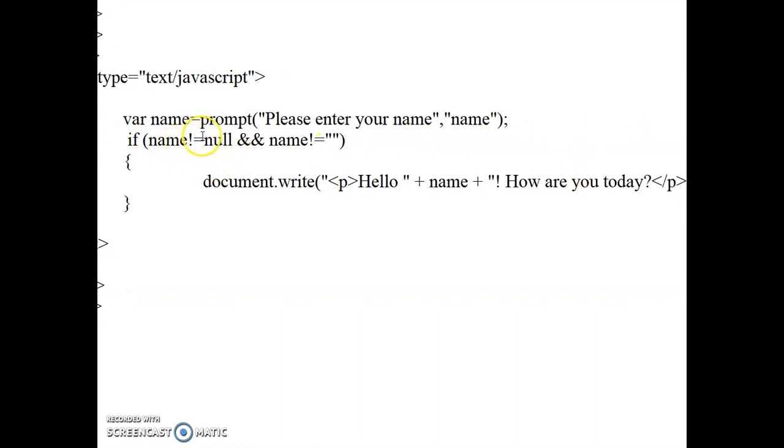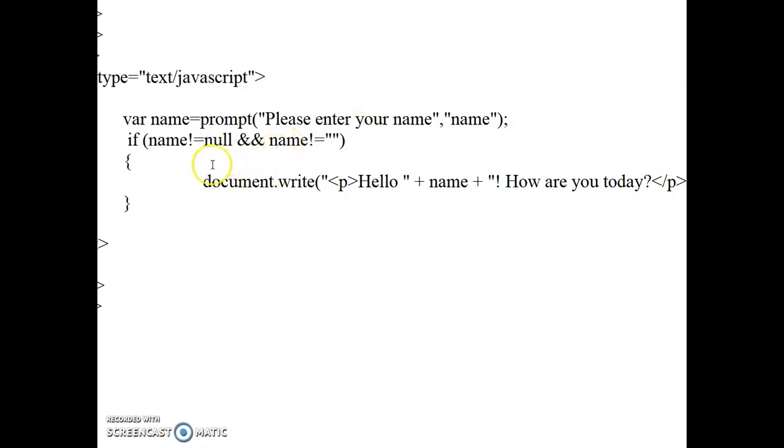If name is not null, it means we entered something. If name is not null and name is not equal to space, and both conditions are satisfied, then there is a name in the prompt box. Okay, the user typed a name in the prompt box.